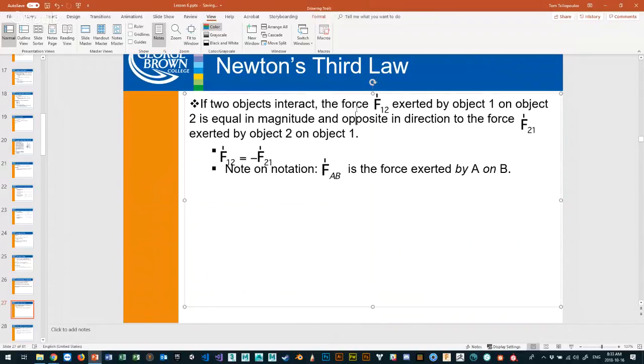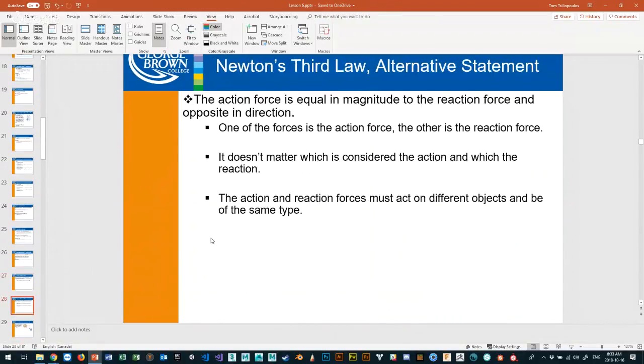In other words, here's another way of saying it: an action force is equal in magnitude to the reaction force, in the opposite direction, equal and opposite force.